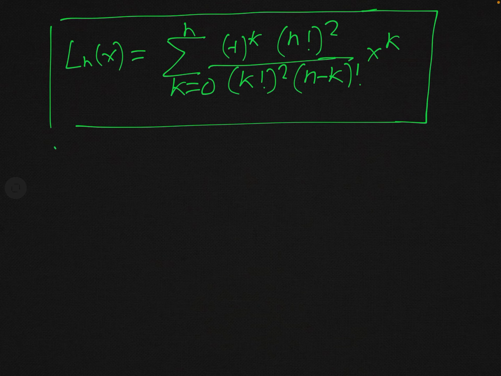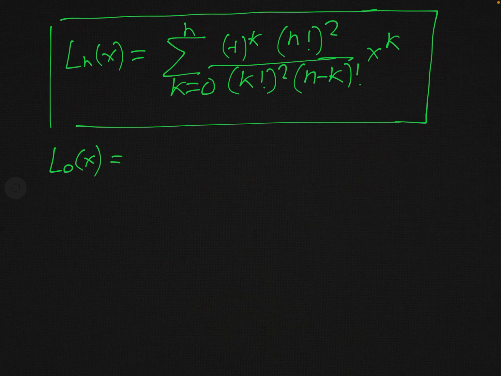So see here, if you want to find the value of L0 of x, it means you are taking n equal to 0. So when n is 0, then the upper limit of summation will also be 0, and since the lower limit is 0, only one term for k equal to 0 will be in the RHS of this defining equation.